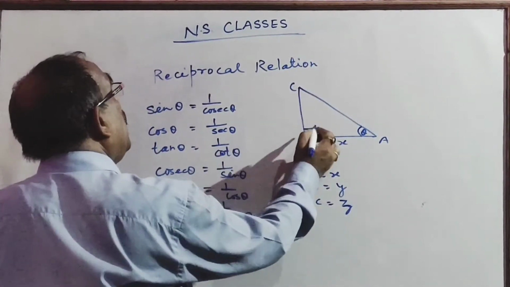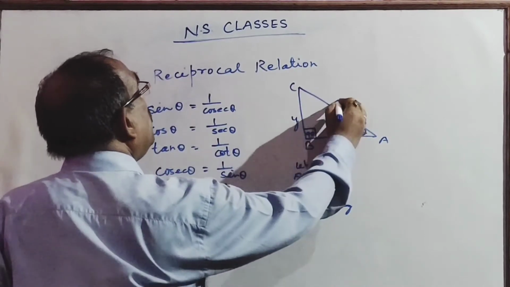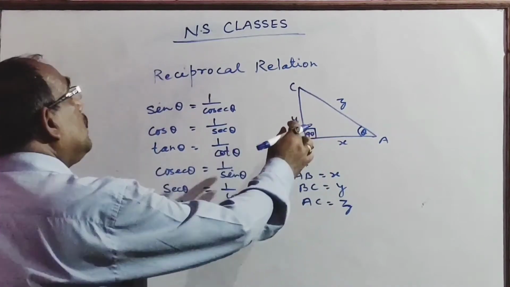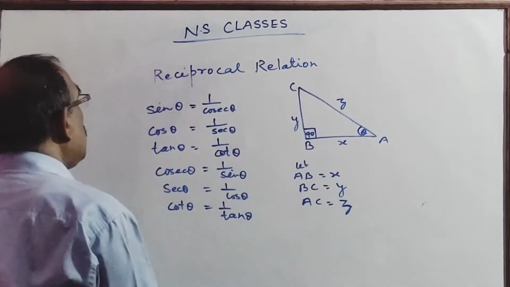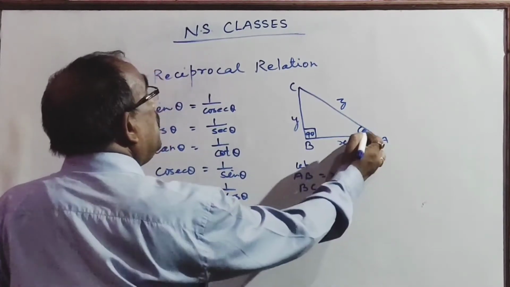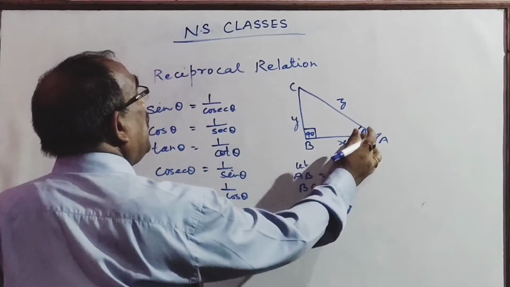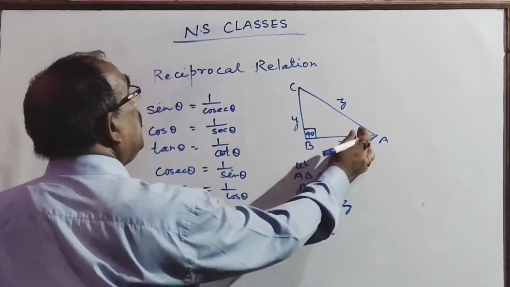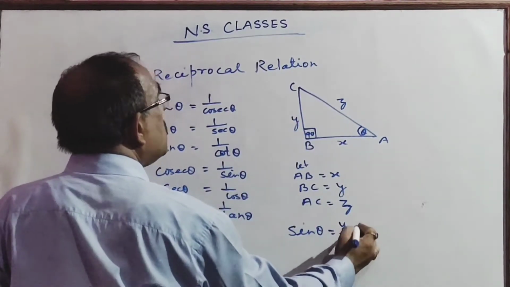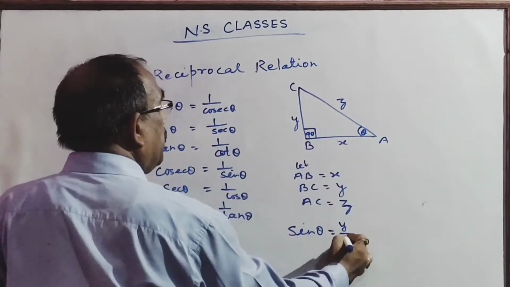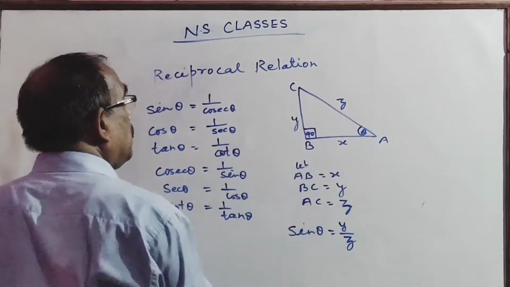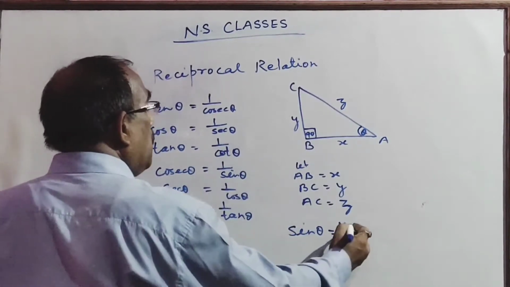So what we see here, BC is equal to y and this one is z. If this acute angle is taken, sin theta will be side opposite to it, y, by z, side opposite to 90 degree, that is hypotenuse. Sin theta is given by y by z.